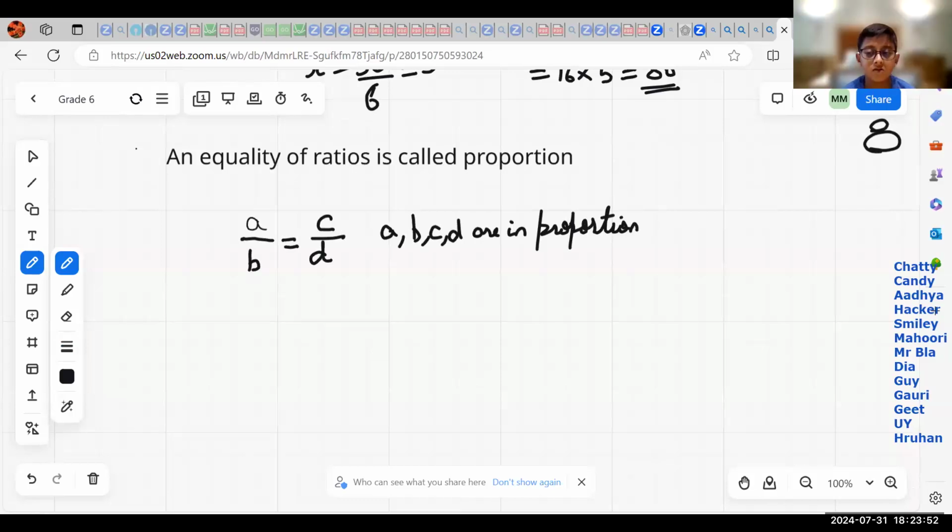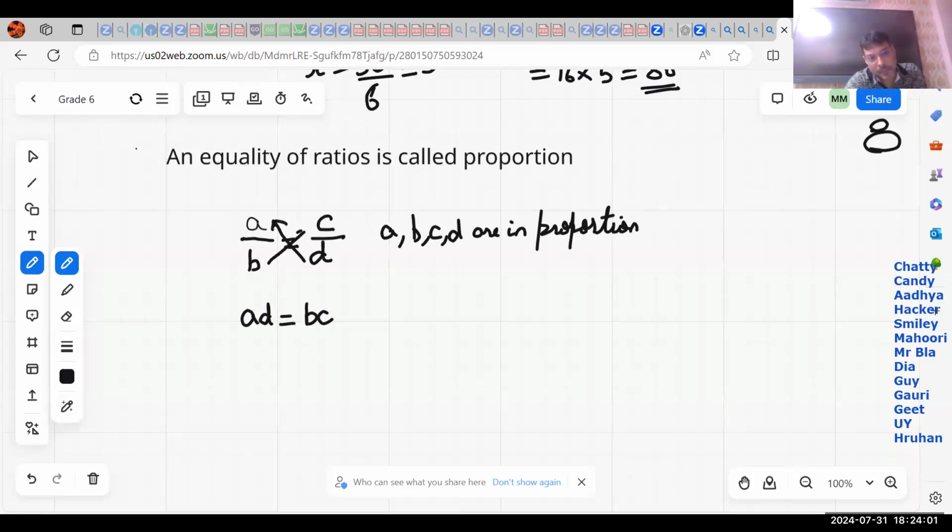Right? And we can write them as AD is equal to BC. How? By cross multiplication method. So if AD is equal to BC, then also we can say that A, B, C, D are in proportion. Correct?